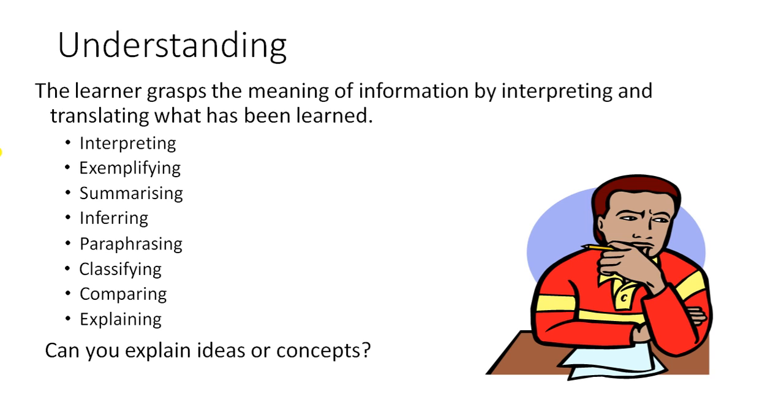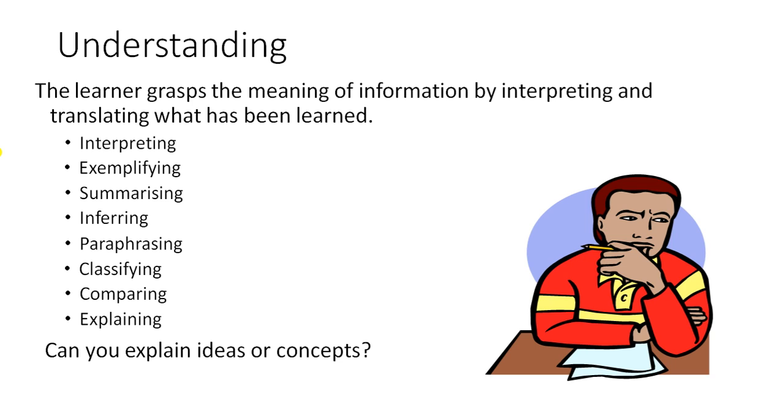In the same way, summarizing. Suppose we are teaching students an English poem. The moment we discuss the poem, the stanza, the types of poems, the poet, and after that, the moment we finish, at least we should ask the students to summarize it in their own words.